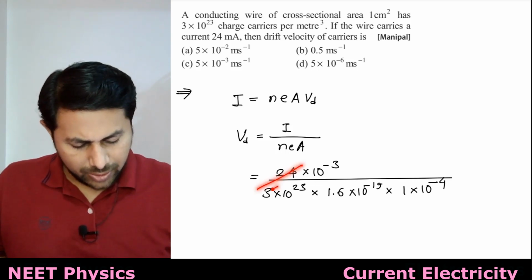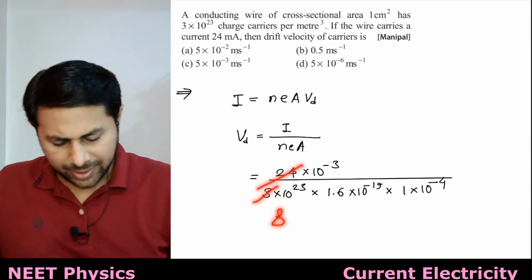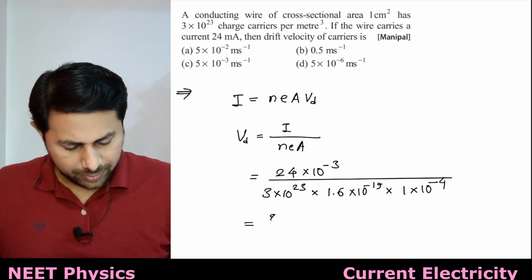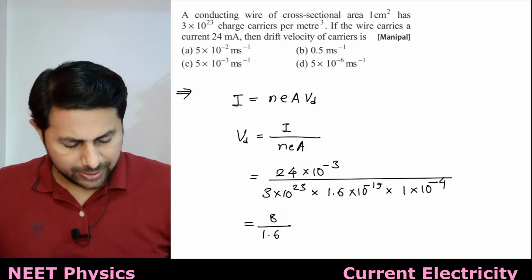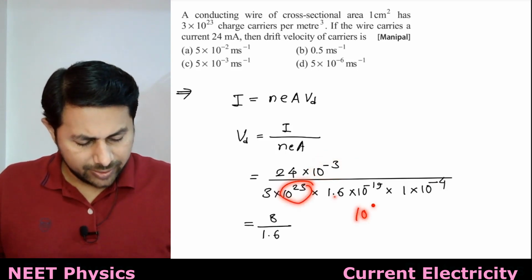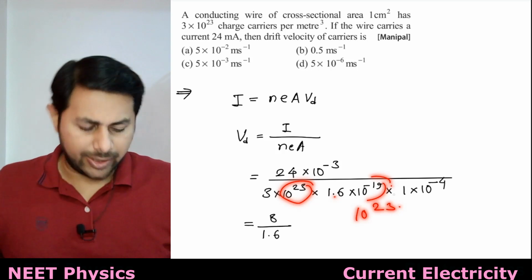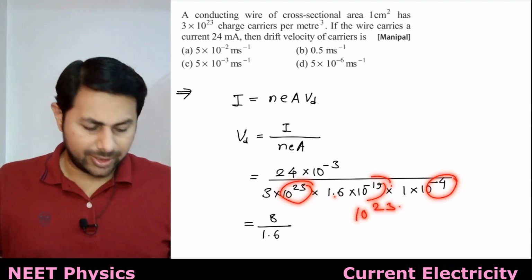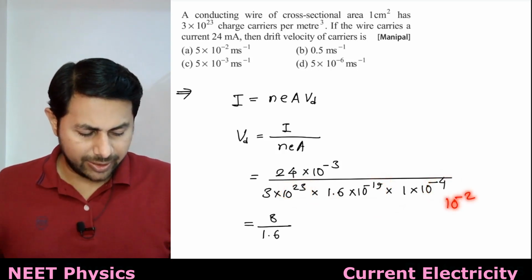So 24 divided by 3 is 8, so that's 8 divided by 1.6, times 10 raised to minus 3, divided by 10 raised to 23, and 10 raised to minus 19 minus 4 is 10 raised to minus 23.